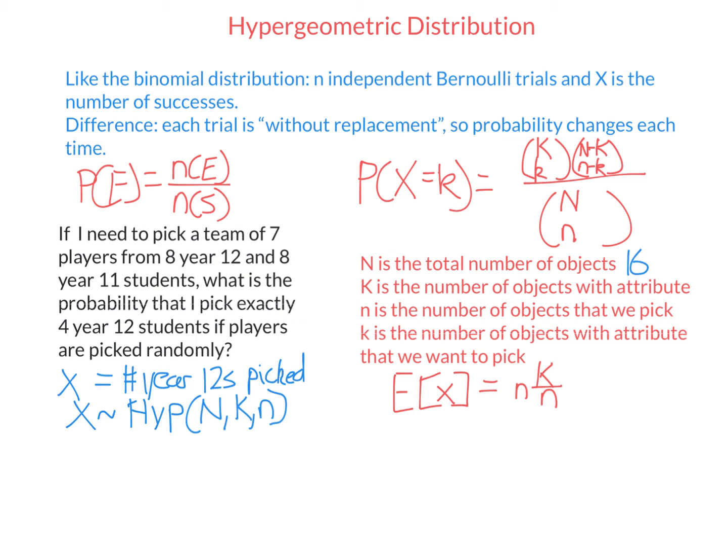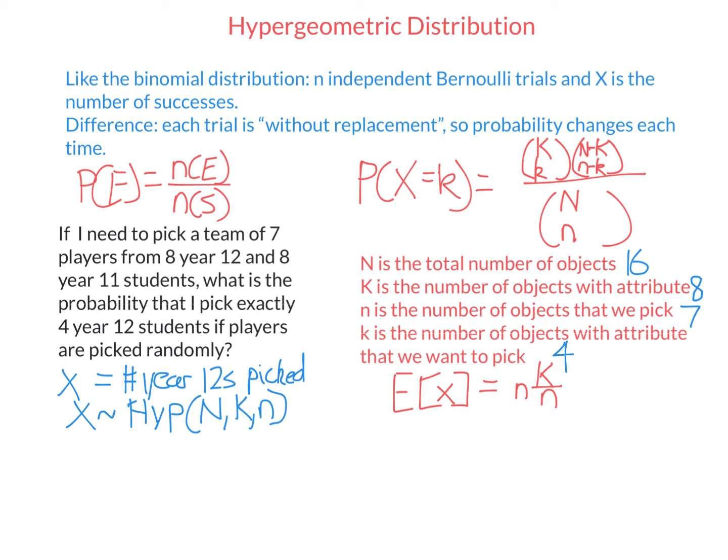Here, the attribute is being in year 12. So there are 8 students in year 12, so big K is 8. Little n is the number of objects that we pick. So from this 16, we're picking 7 players. So little n is 7. And little k, that's what we're interested in. We're finding the probability here x equals 4, the probability that 4 students are in year 12. So little k here is 4.